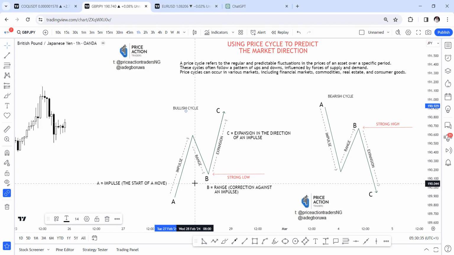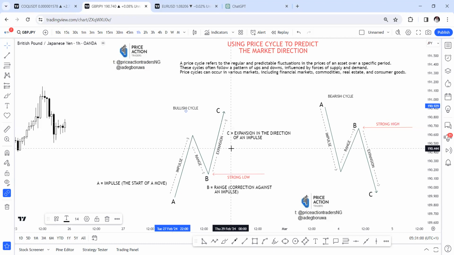And because the range is just a correction against an impulse, after the correction, price tends to expand. This is the expansion leg C. Price tries to expand in the direction of that impulse, the direction of the original trend. So that completes the cycle of a bullish trend.